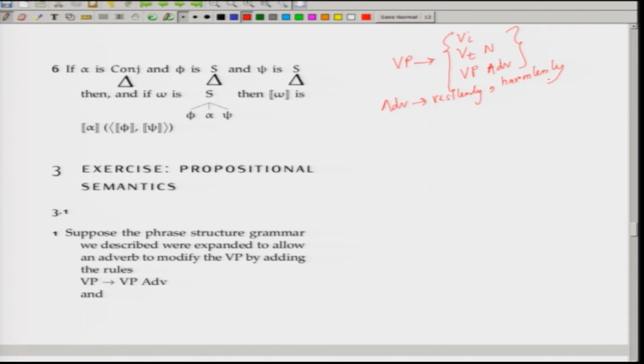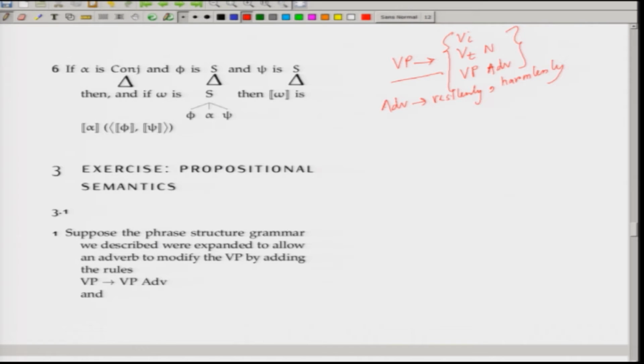There are two adverbs they are adding. So the first part of the question is you add this syntactic rule, and we have added the syntactic rule for you. Now you have to add the appropriate semantic rule. So the semantic counterpart of this rule we have to add, that is one task.